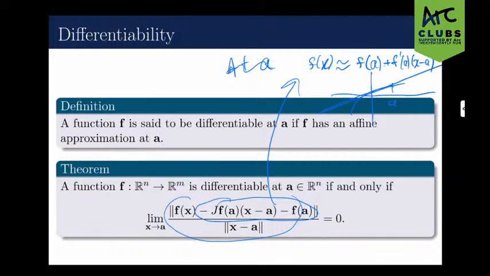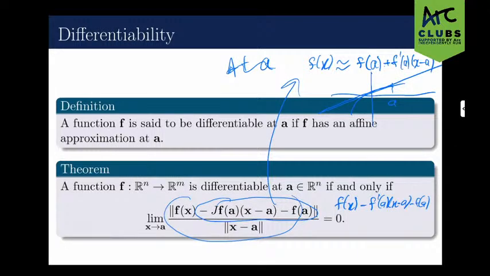If you think about it, this definition here is pretty much the same thing. If I rewrite this, f of x minus f dash A, x minus A, minus f of A, the definitions are pretty much the same. Right? It's an affine approximation.